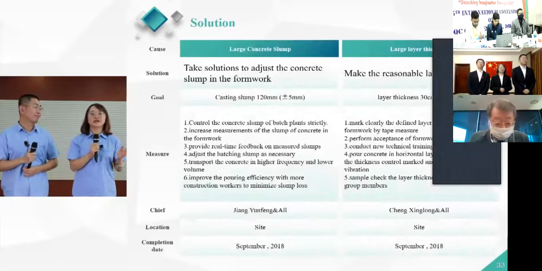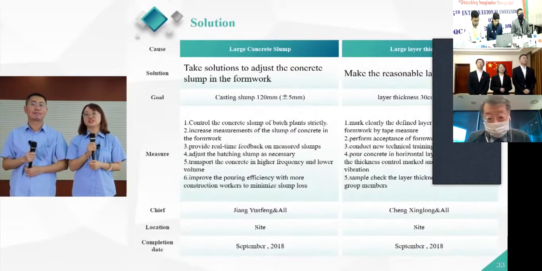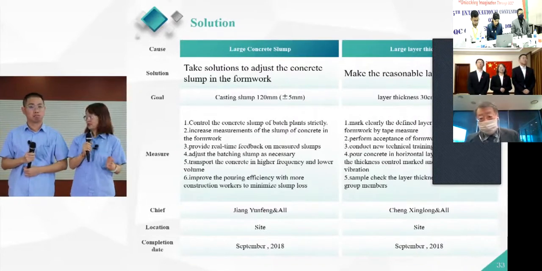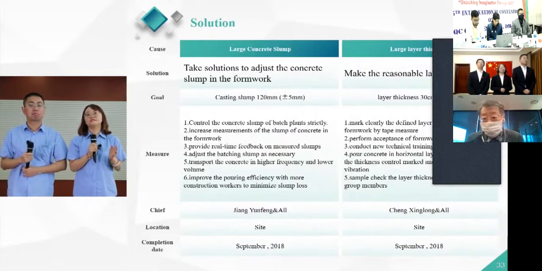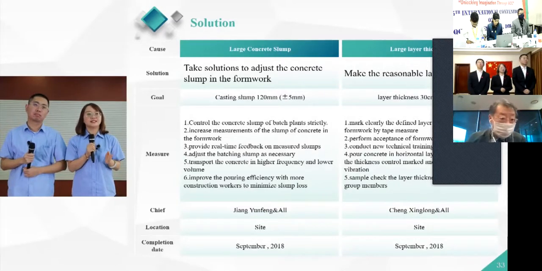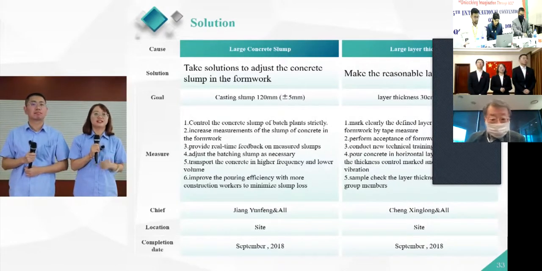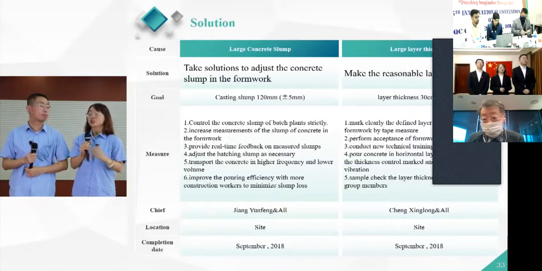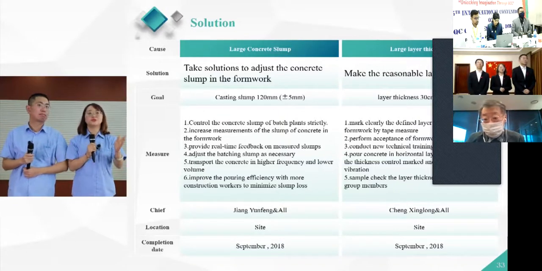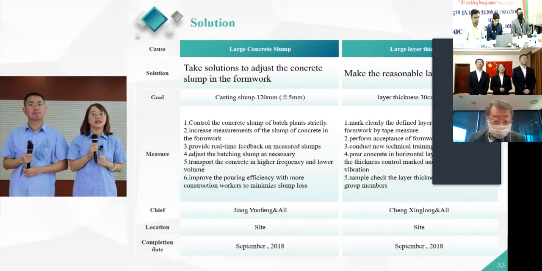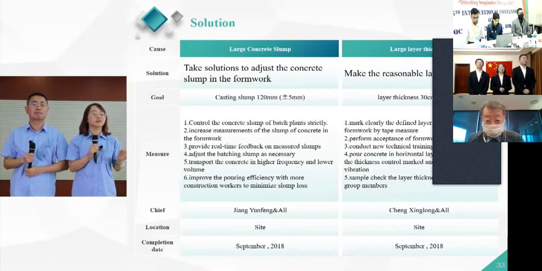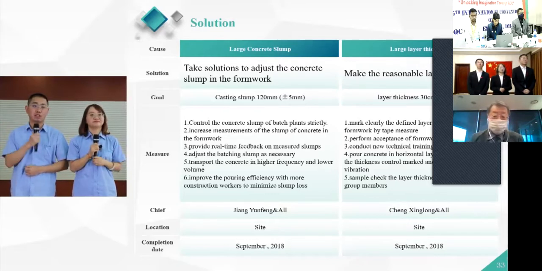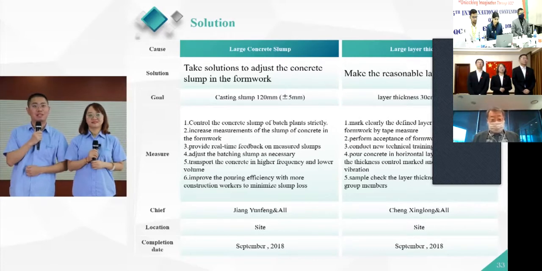Yes, through comparison, we developed 2 solutions and determined the goals. We also developed methods to ensure the realization of these goals and designated a specific person to implement them. Solution 1. Ensure the casting slump by adjusting the slump at the batching plant. Solution 2. Set reasonable layer thickness.